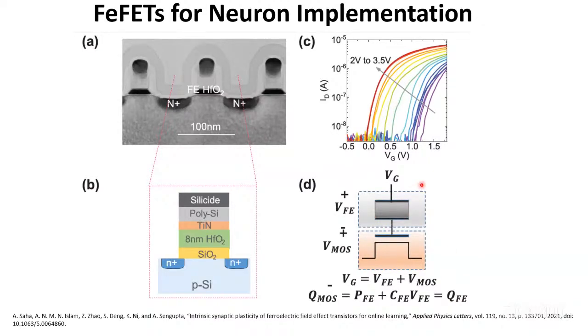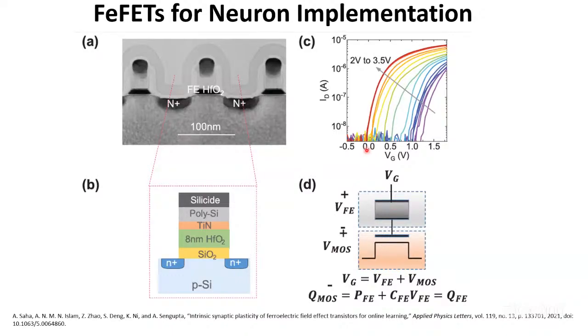As you see in this figure, the important thing is that the threshold of this device can be changed as you increase the gate voltage in this direction. The threshold voltage decreases when you apply polarization, or we can say when we apply some potential at the gate. So this is how a ferroelectric FET operates.